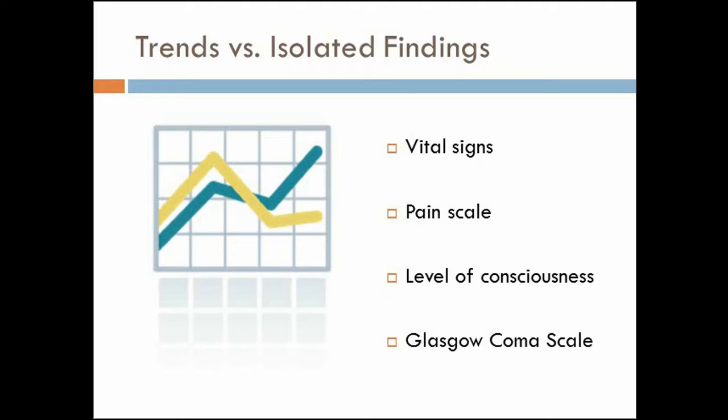You've got to do serial, as in a series of readings to establish a pattern of either normal or a pattern of abnormal. I tell people this all the time.